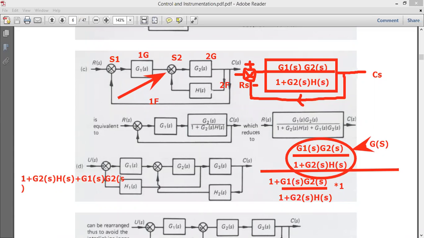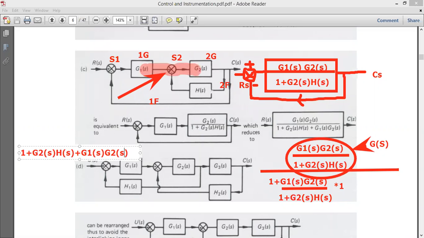1 plus G2 of s multiplied by H of s, plus G1 of s multiplied by G2 of s, divided by, simply, the denominator's denominator.